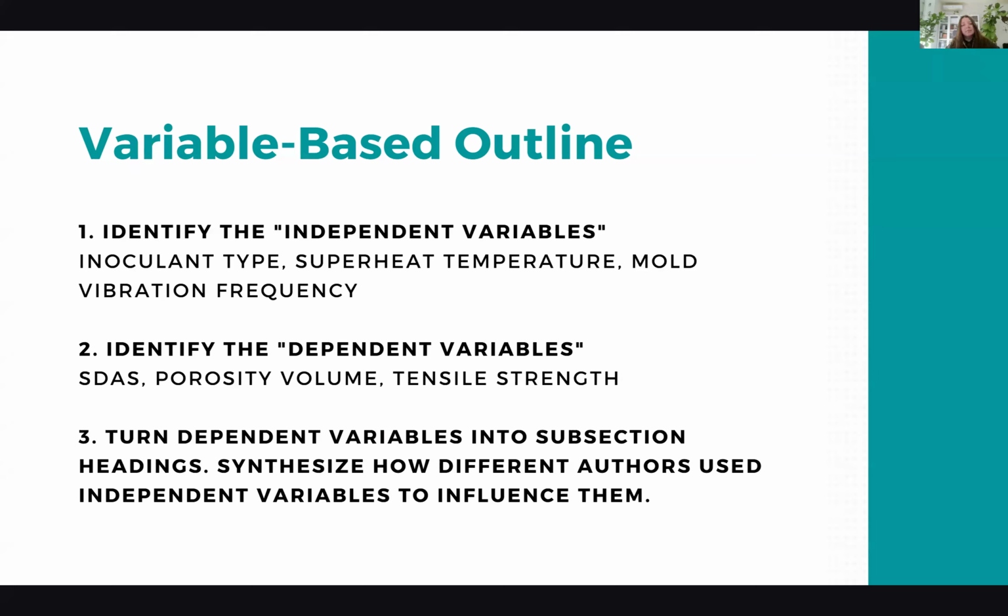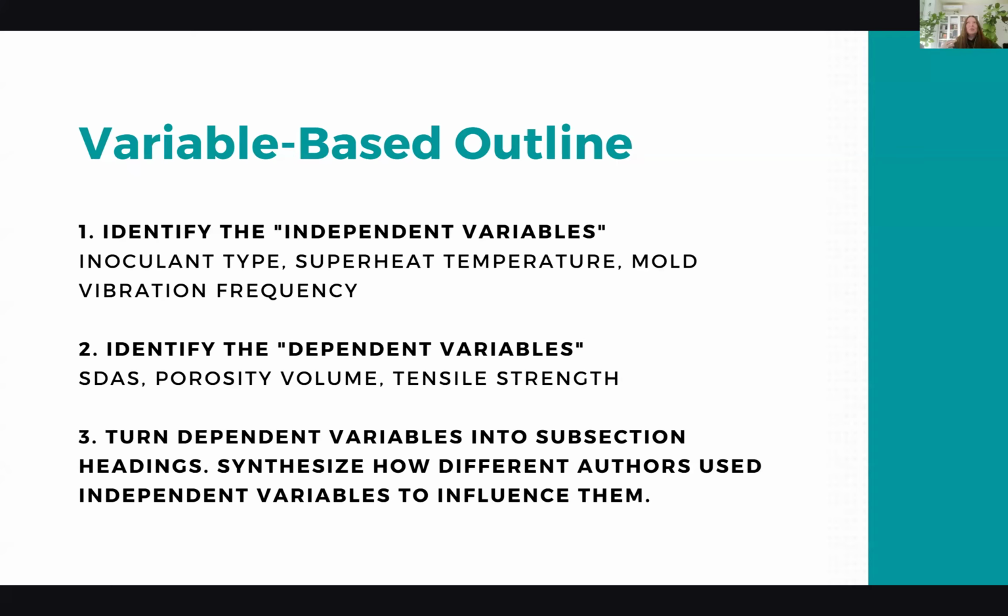Next, you identify the dependent variables. So those are usually the things we actually study or that we actually want to change, but we can't do it directly. For example, we don't just randomly change alloy composition, right? We don't add any super expensive alloying elements just for the fun of it, right?